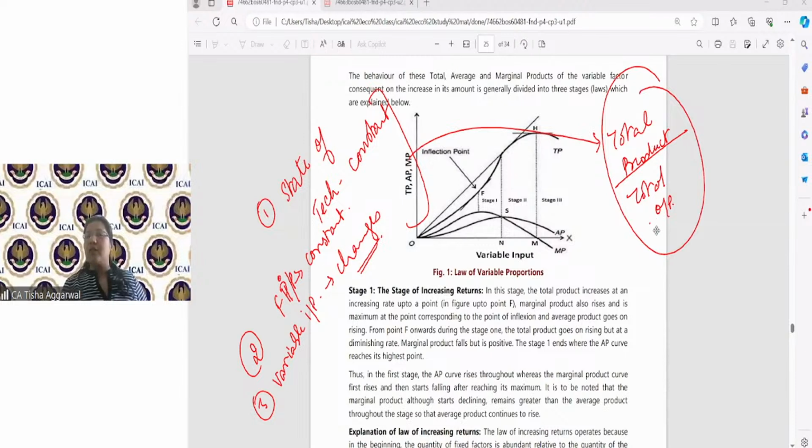What does the total product or total output say? It says that whenever production initially increases, it increases at an increasing rate, then increases at a diminishing rate, then starts falling.